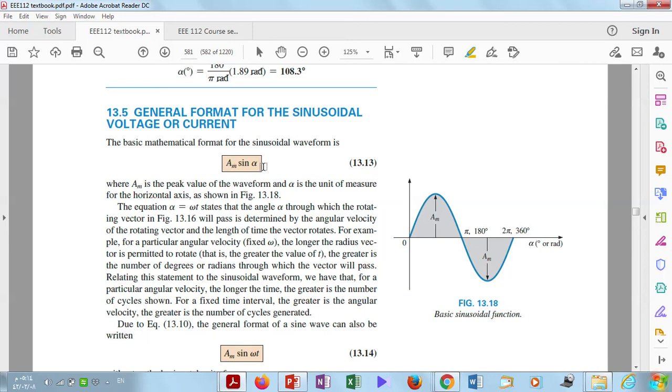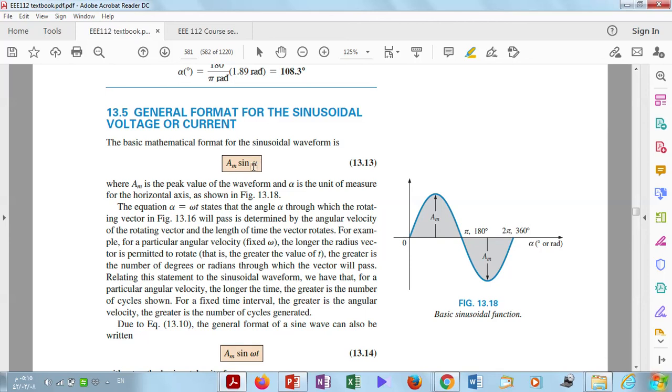If you need to express the sinusoidal, you will say Am sine alpha. It is similar to what we studied in math. What is Am? It is the peak value, the amplitude. The peak value Am multiplied by sine alpha.